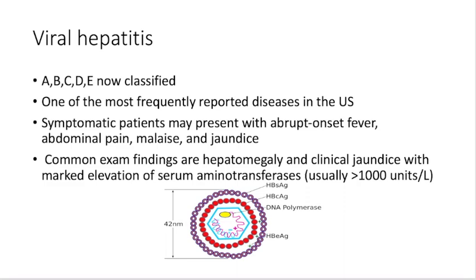When we talk about viral hepatitis, we now have 5 classified, A, B, C, D, E. They are one of the most frequently reported diseases, and patients will present with fevers, abdominal pain, malaise, and jaundice. Common exam findings include hepatomegaly, clinical jaundice, and marked elevation of serum aminotransferases.